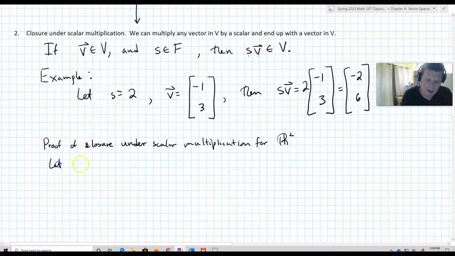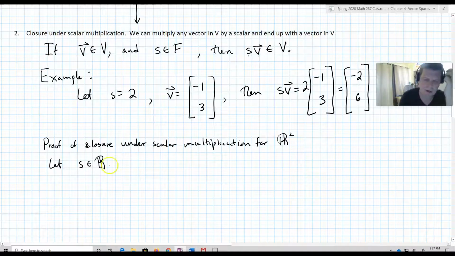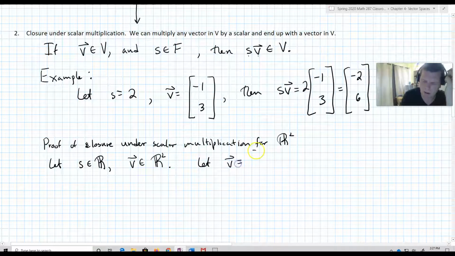What I'll do is I'll let s belong to R. So the field that R2 is closed under is R, so all of our scalars are real numbered values. So let s belong to R and v belong to R2. We'll let v then equal, and we'll just generalize, (v1, v2), right?